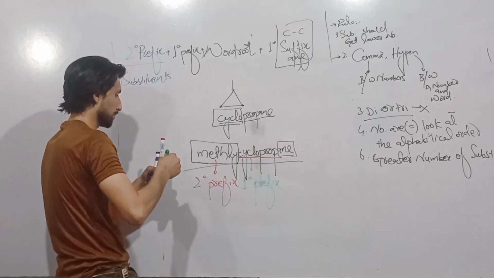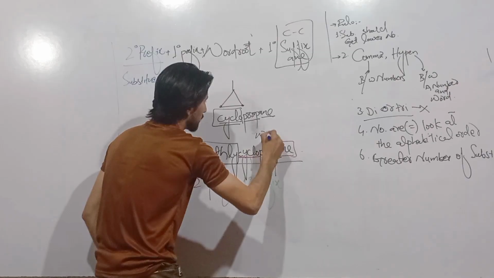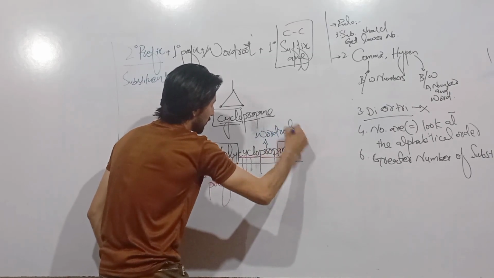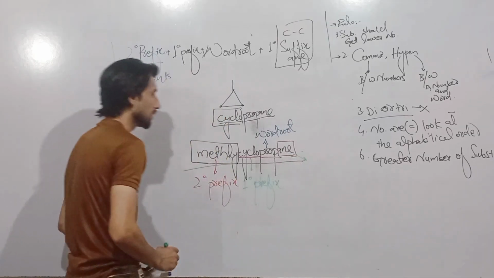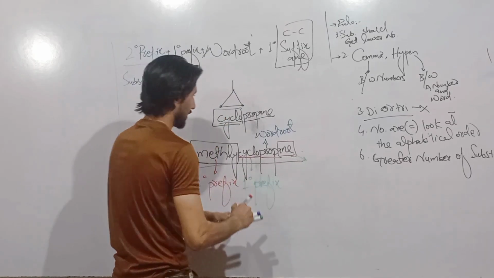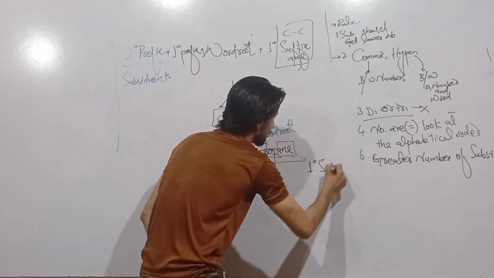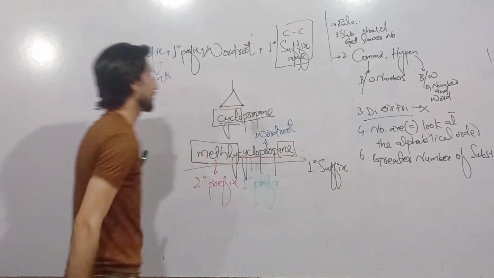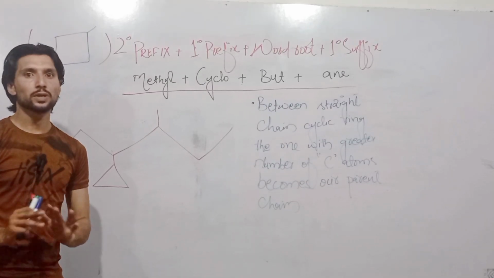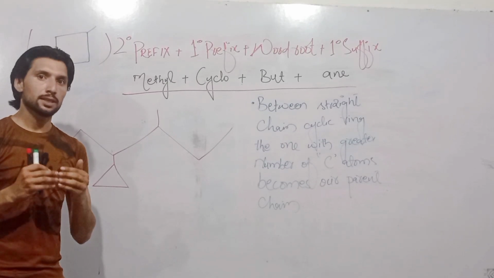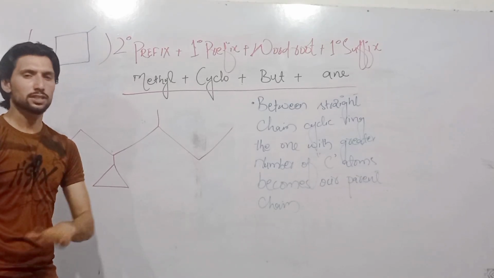And what is prop? Prop is the word root. And what is ane? The ane is my primary suffix. We have not discussed double bonds or functional groups, so we will not go to that. Up till now, we have just discussed simple alkanes.